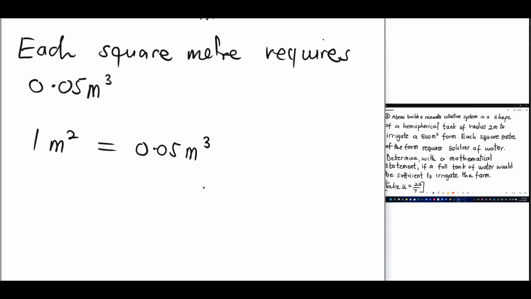We want to know the amount of water that the 500 square meter will require. So we don't know the volume of water that we need in order to irrigate the farm that has an area of 500 square meter. So that's what we are going to do now.